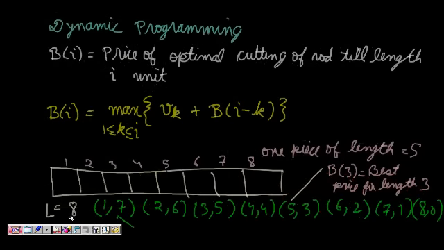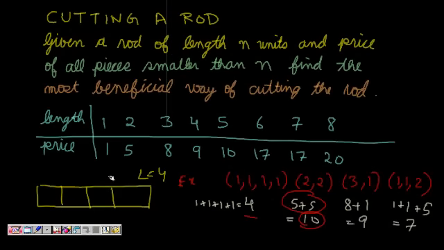So what else? We will use dynamic programming here. And why dynamic programming? First, it should give us some kind of optimal substructure. Even if we cut it into sizes 1 and 3, that size 3 can again be cut into 1, 1, 1, or 2, 1, something like that.